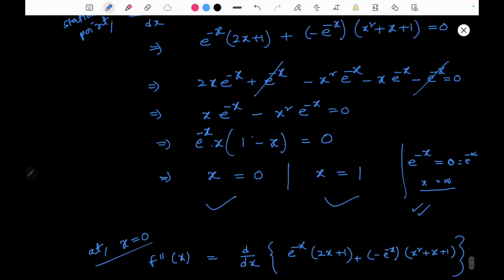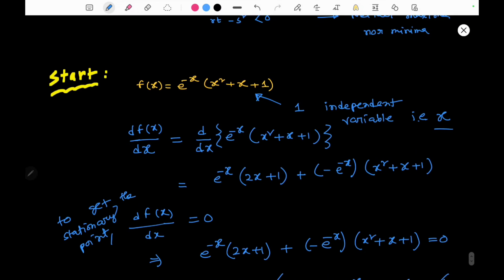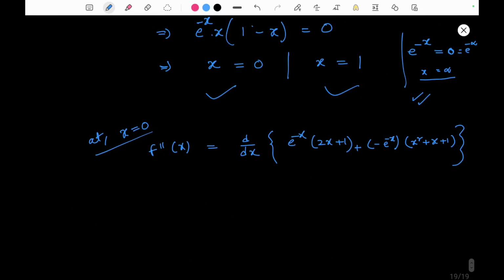So here we have written the f dash value, and we are taking the derivative again with respect to x. Let's take the derivative: e to the power minus x we take as it is. Now here 2 we are getting, now this we can take as it is.